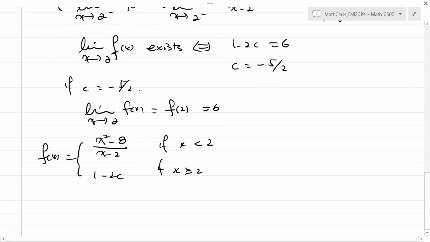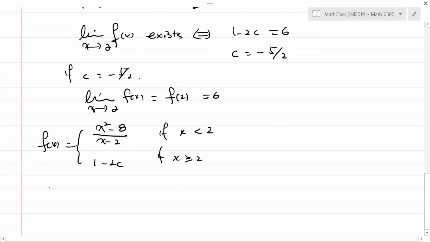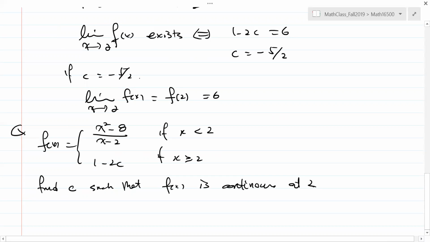For this function, there's no way you can find it. There's no solution. If I ask you to find the c such that f of x is continuous at 2, the answer is no solution.